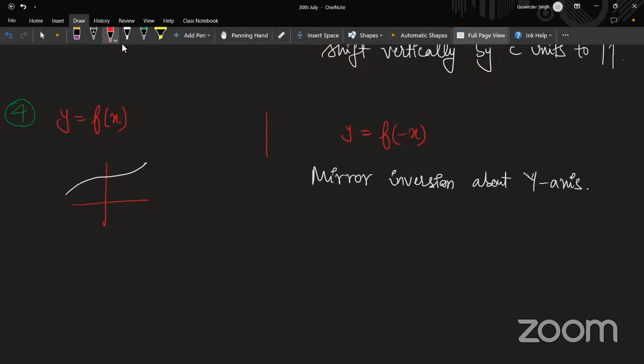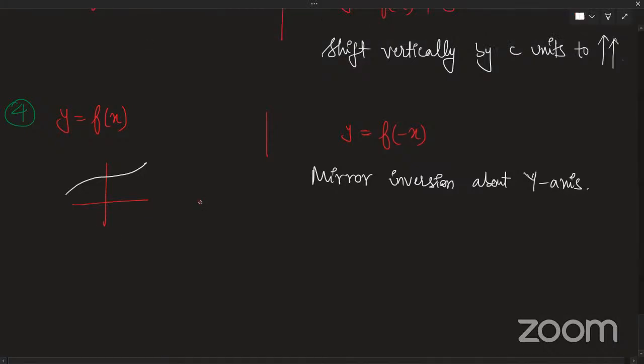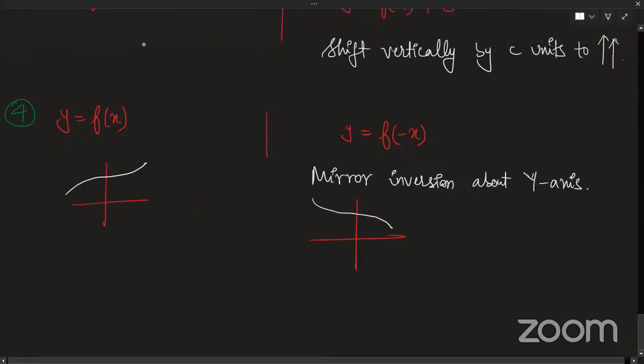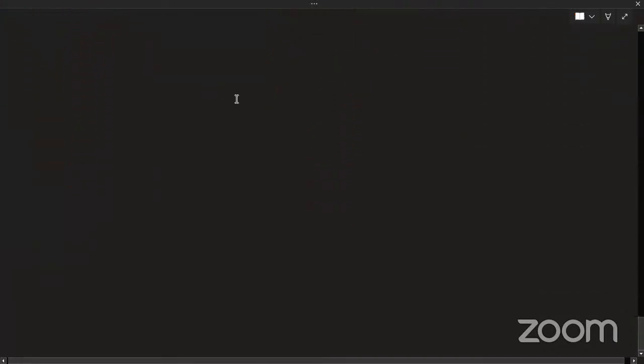Now, what value should you put to get the same f of x? You will put the negative value. So it will just invert, mirror inversion, f of minus x. It will look something like this. Easy, right?